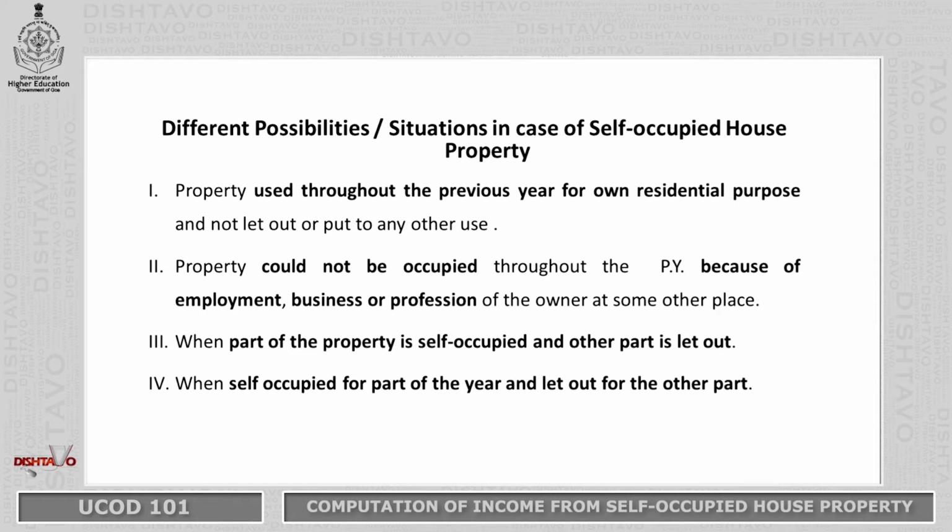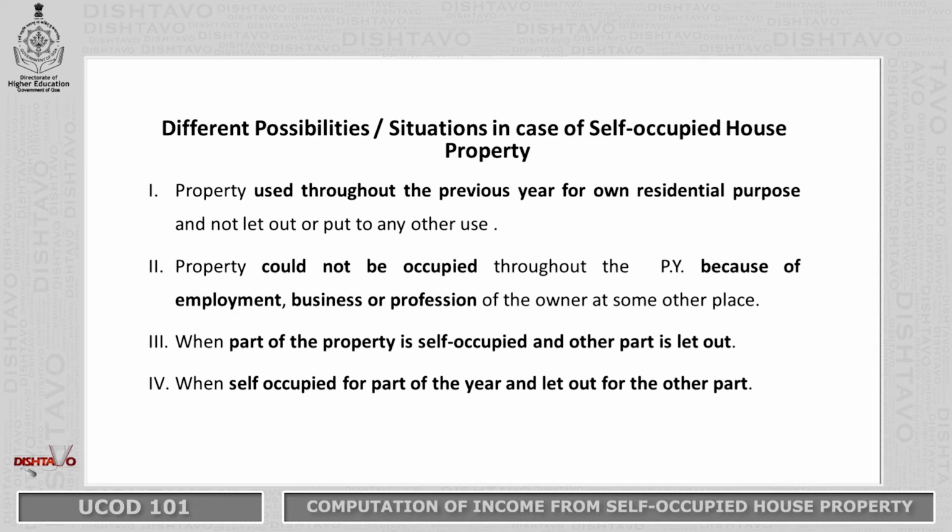Second is, he is having a house but he cannot occupy that property due to his employment or job or business or profession at some other place. Third is, a part of the house is self-occupied and part is let out. Suppose a person is having 2 independent units, one on the ground floor and one on the first floor. He is staying on the ground floor and he has let out the first floor of his house. That is the third situation.